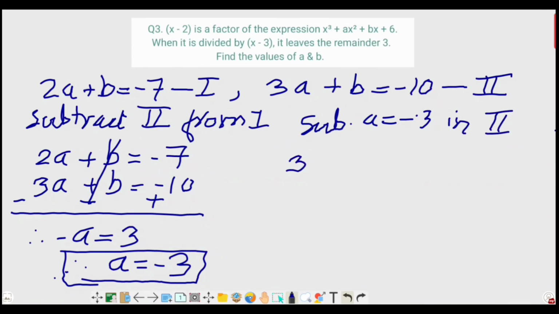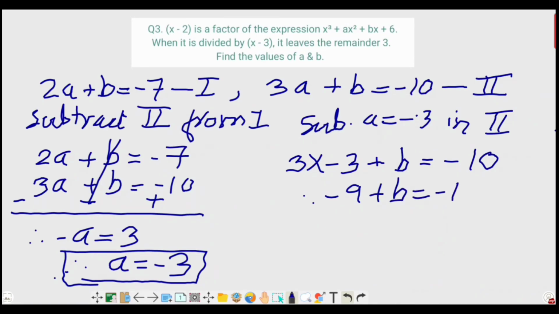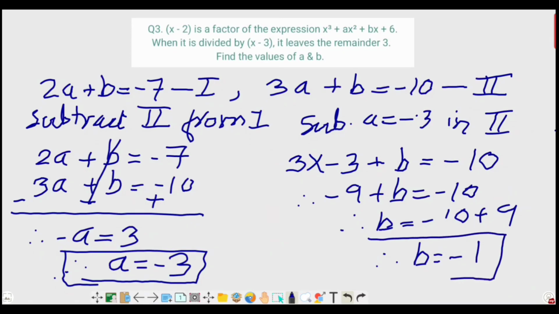So my 3 into minus 3 plus b will be equal to minus 10. So your minus 9 plus b will be equal to minus 10. So your b will be minus 10 plus 9. This will give you the value of b as minus 1.